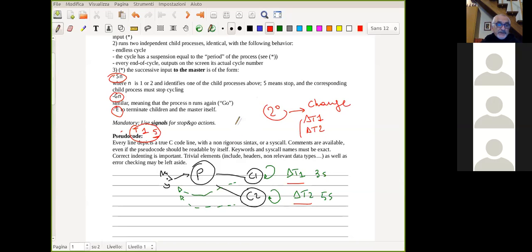When you go to the second step, not written here, you have to decide two policies. The simplest is to communicate to C1 and C2, for example using pipes, the value of the cycling time.